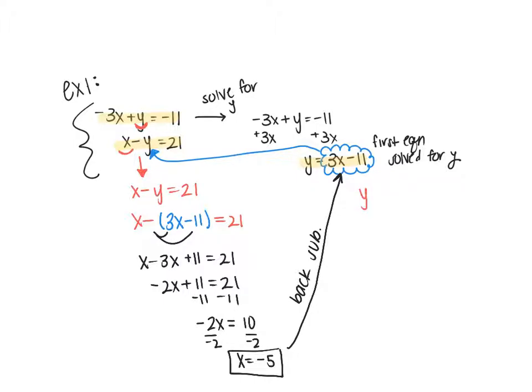So I've got y equals 3 times x, but I found x to be negative 5. So I can either put this in my calculator or do it in my head, however you want to.